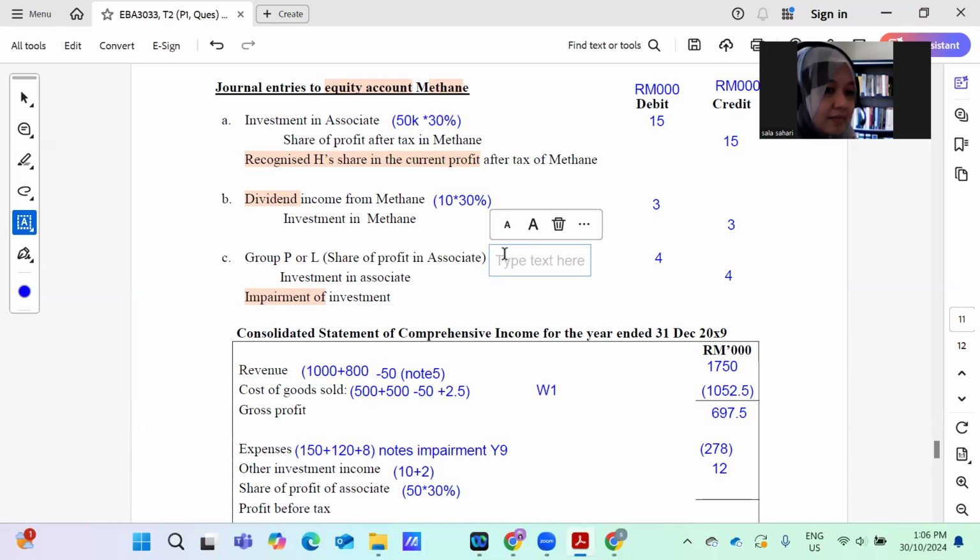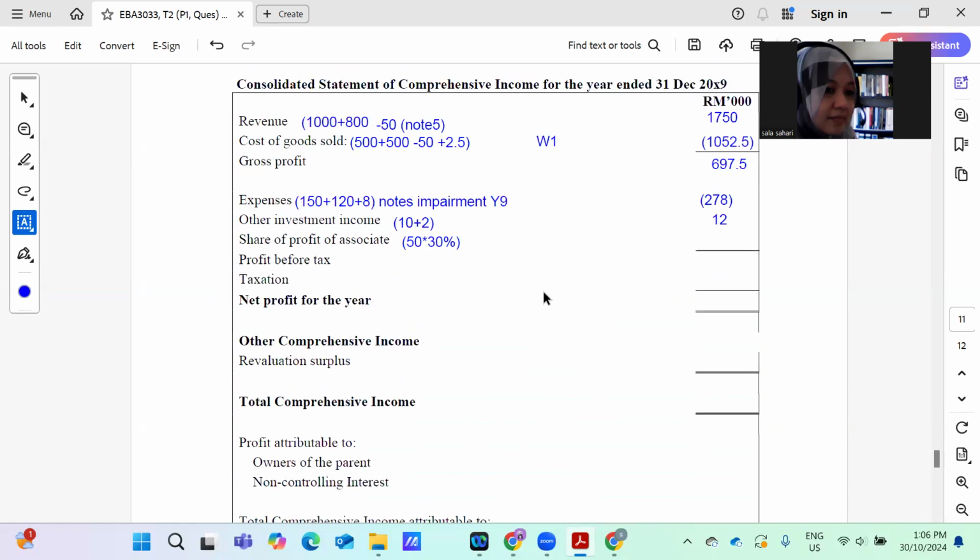This one, share of profit, will reduce the profit. How do we know? It's on the debit side. Normal entry for profit is the credit side, right? So if you put it on the debit side, then it should reduce the profit. So that's why you multiply by 30% first, then you minus 4.